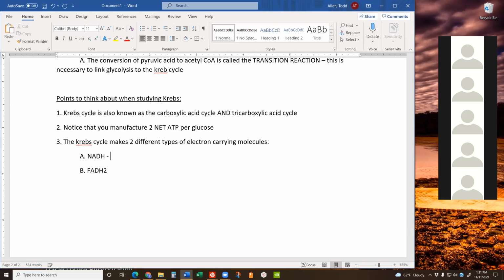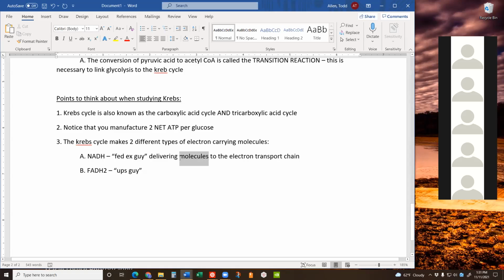Okay, so this is the FedEx guy delivering electrons to the electron transport chain. And this is the UPS guy delivering electrons to the electron transport chain.